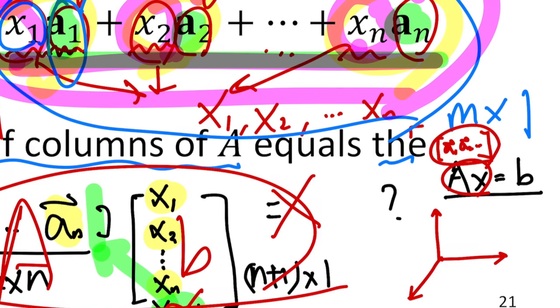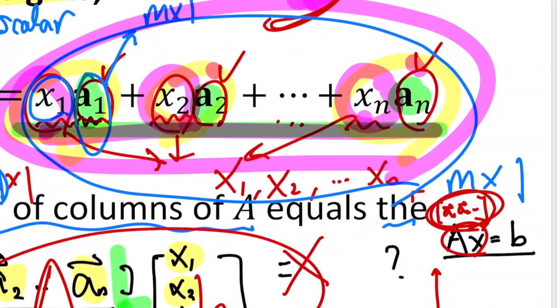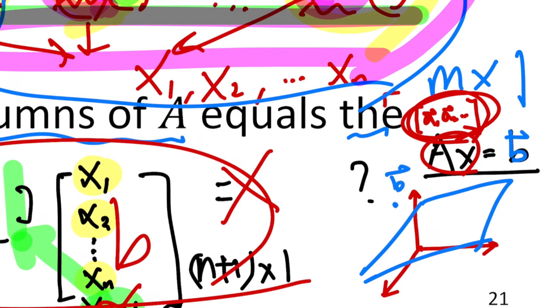Then what is the span of these column vectors? In the R3 case, it was a plane, right? So it looks like this. It will be some kind of plane, and then let's say we have the vector b here. Let's say this is a vector b, right?